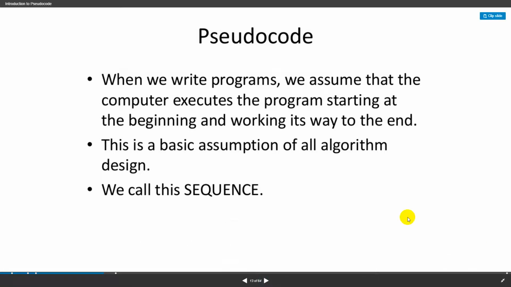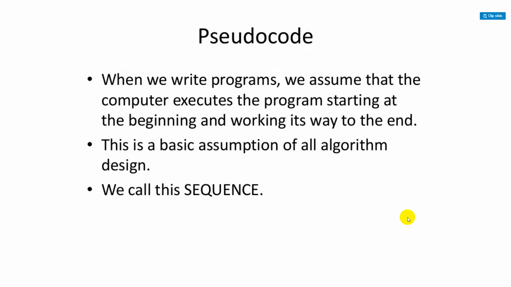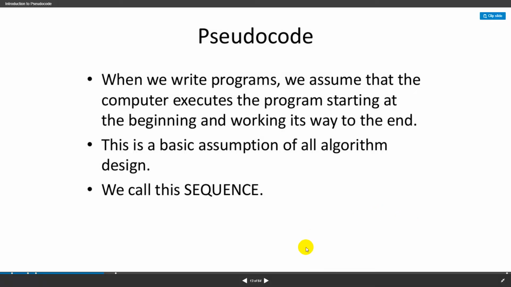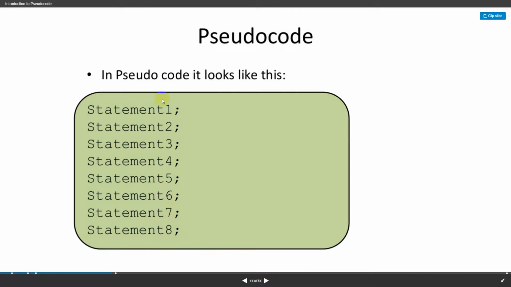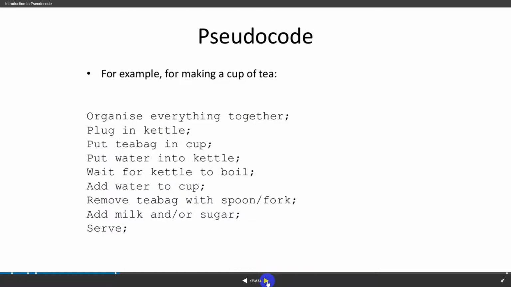Whenever we write a program, we assume that the computer executes the program starting at the beginning and working to the end. That's also the same principle we will apply to algorithms as well. So statement 1, 2, 3, 4, 5, 6, like that. That's the way it will look. So your program will execute this statement first, then this one, then this one, then this one, then this one in sequence until it reaches the end.